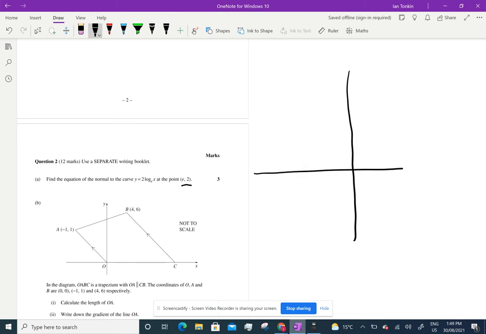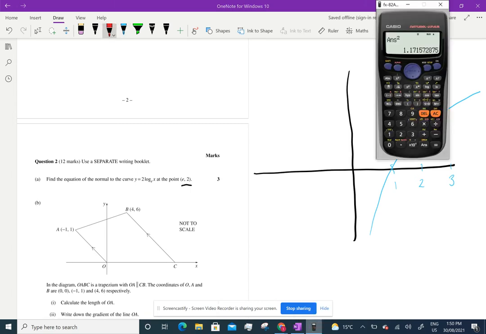So here is the equation y equals 2 log e x, and that's 1, because the log of 1 is 0, and 2 times 0 is 0. And then we've got 2 and 3. Now remember, what is e? What's the value of e?